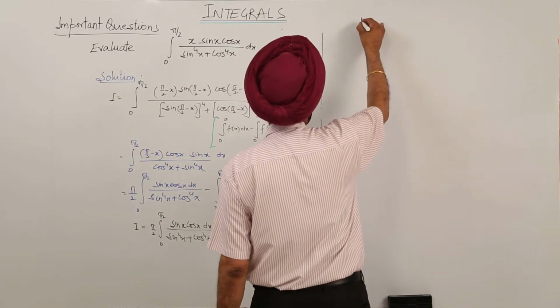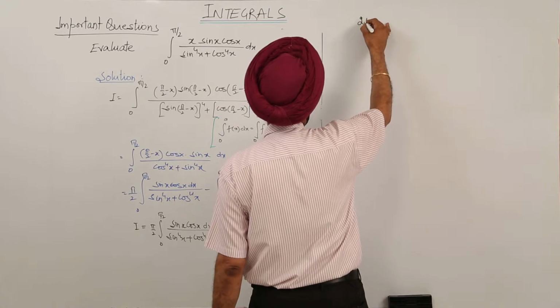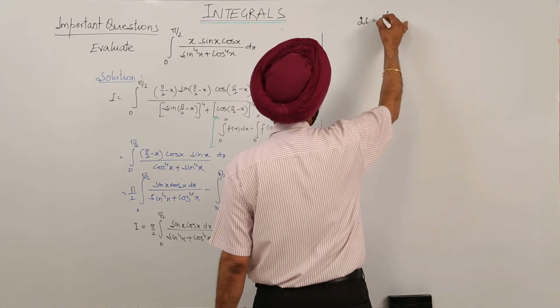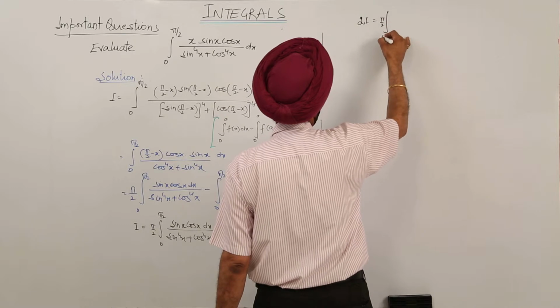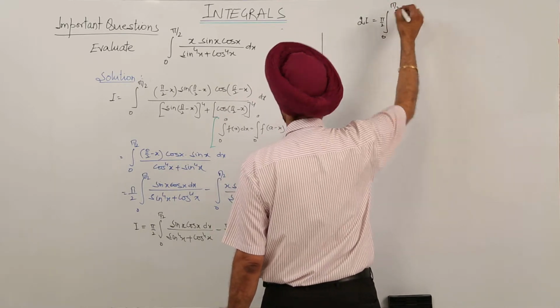Now this can be written as 2I is equal to pi by 2, integral 0 to pi by 2.